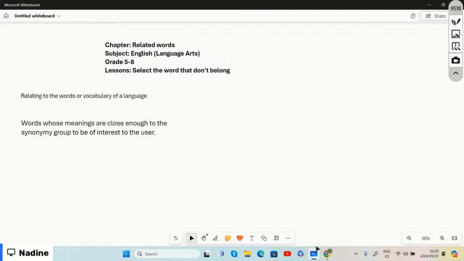All right. So now we are doing related words. We're going to select the word that doesn't belong. And when we look at the word related, right, it's words that are either the same as one another. So we are going to find that out today. Words that are related.